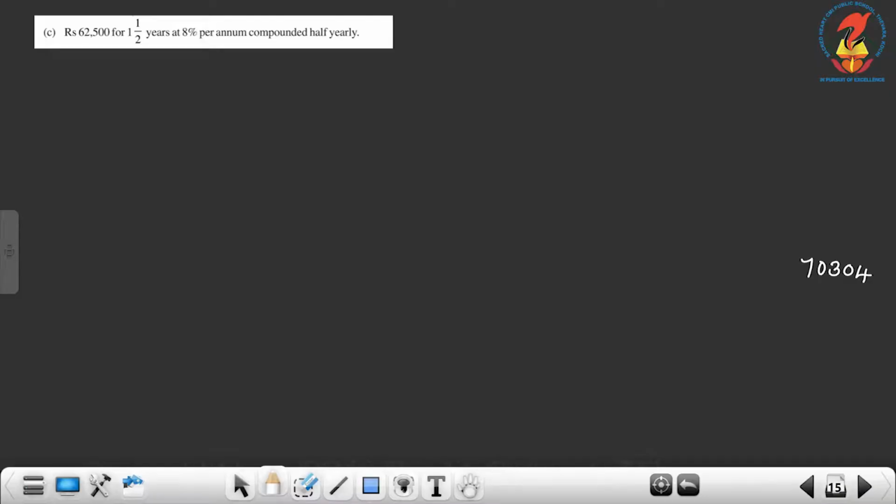So we can write P equal to rupees 62,500, then R equal to 8%, then n is equal to 1.5 years. 1.5 years you can convert. So what you will get, 1 into 2, 2 plus 1, 3, 3 by 2 years.